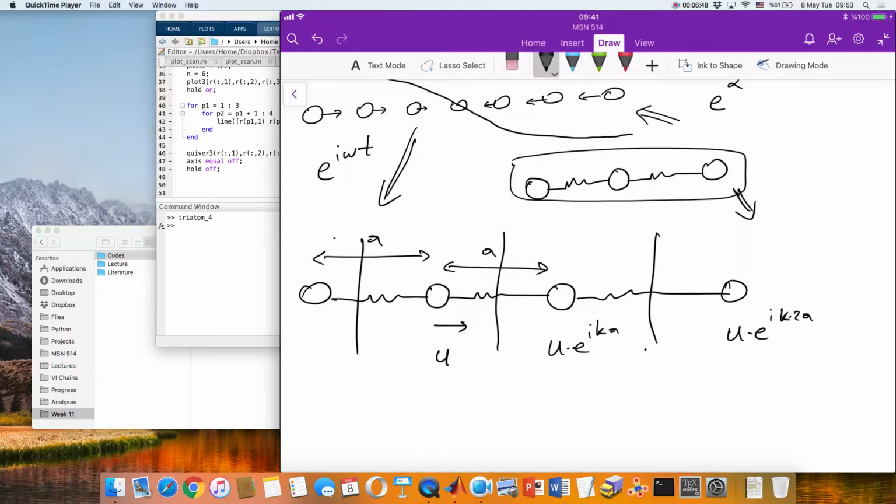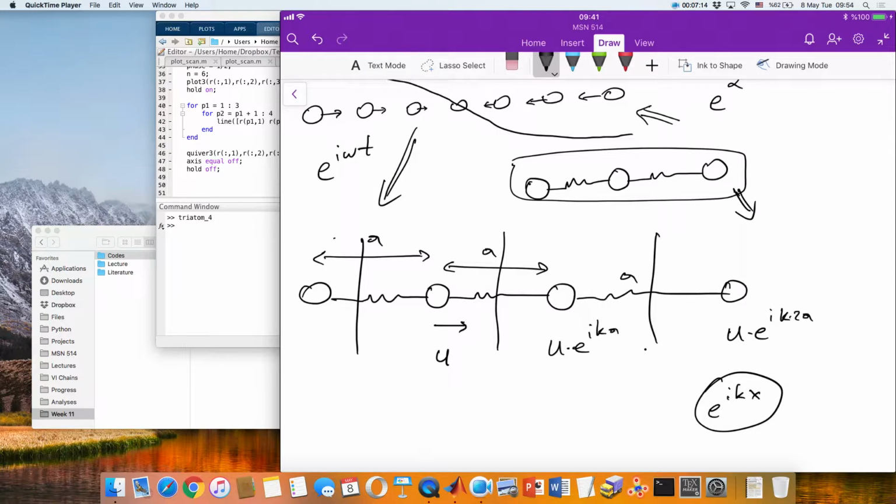So basically, the further you go away from here, you multiply with e to the i kx. That's what we are using here. So we are basically multiplying the displacement with a wave. Is it clear to everyone so far?